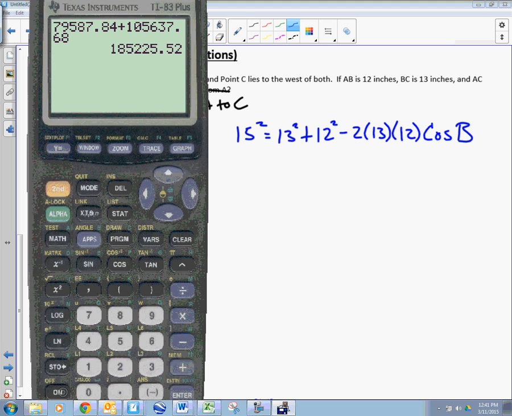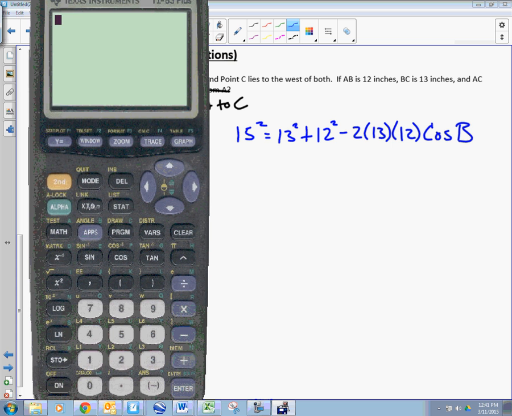Generally speaking, we like equations. I get that. So 15 squared minus 13 squared minus 12 squared divided by, parentheses, negative 2 times 13 times 12, right?